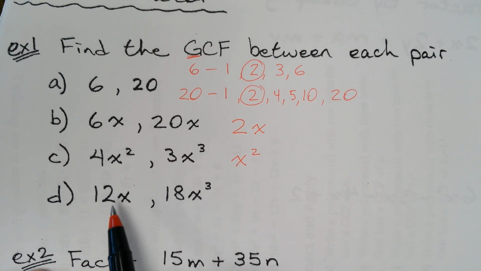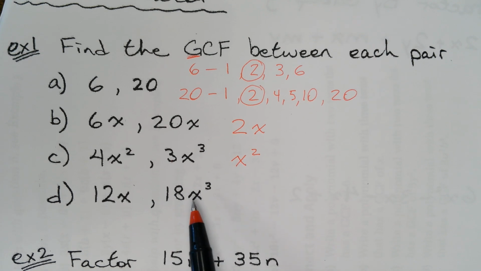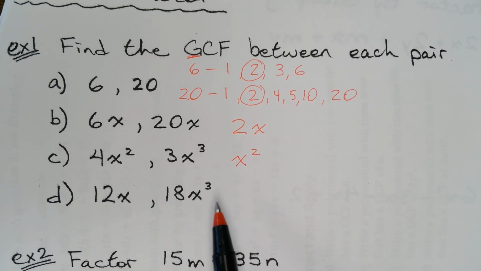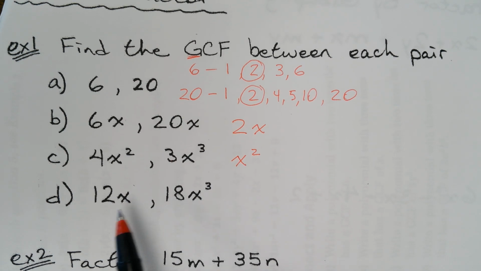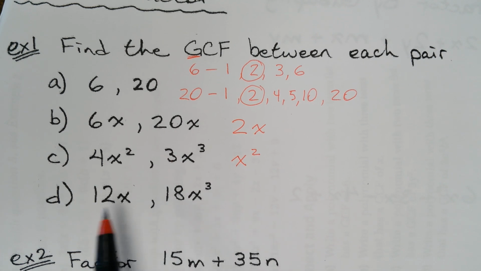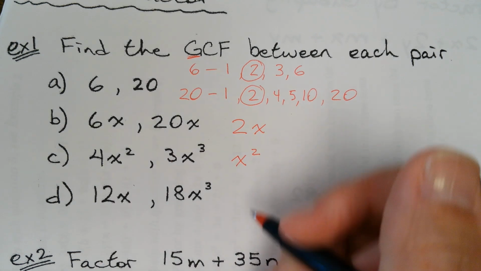Okay, so what about this one? 12x and 18x cubed. What's common in both terms? Sorry? 3x squared. Close. There's more than 3. There's a bigger common factor. 6, right?